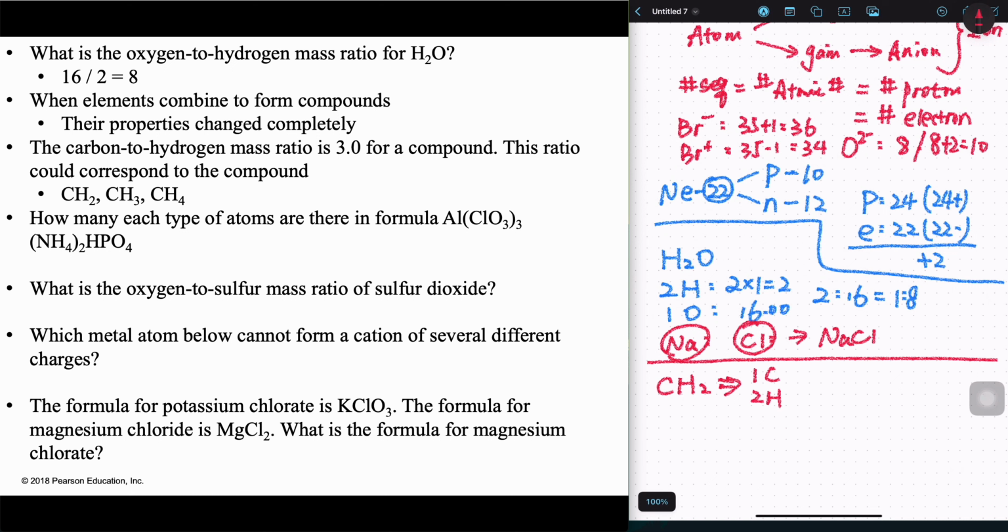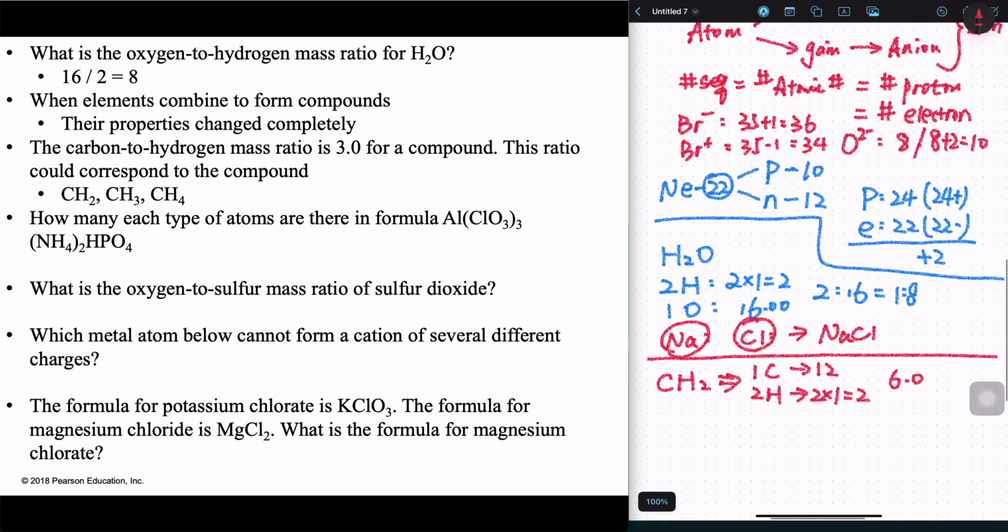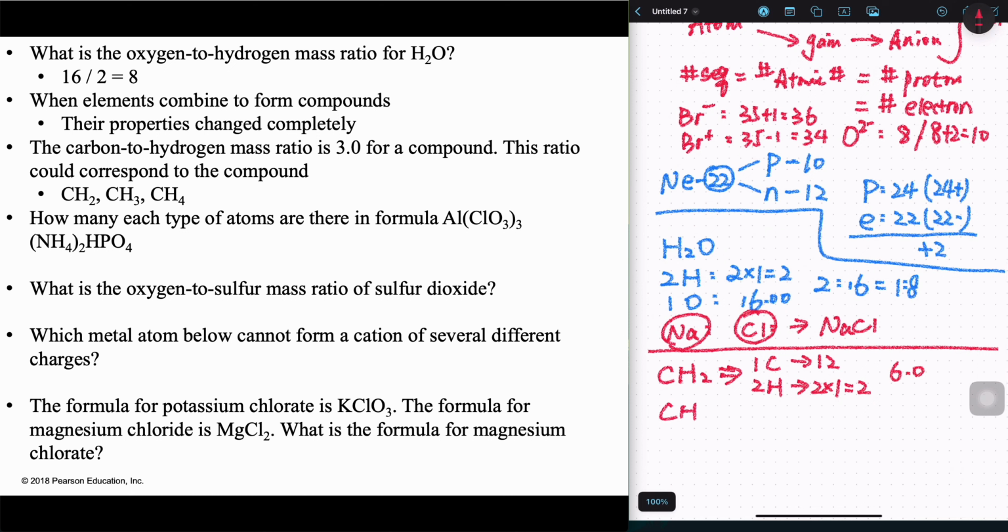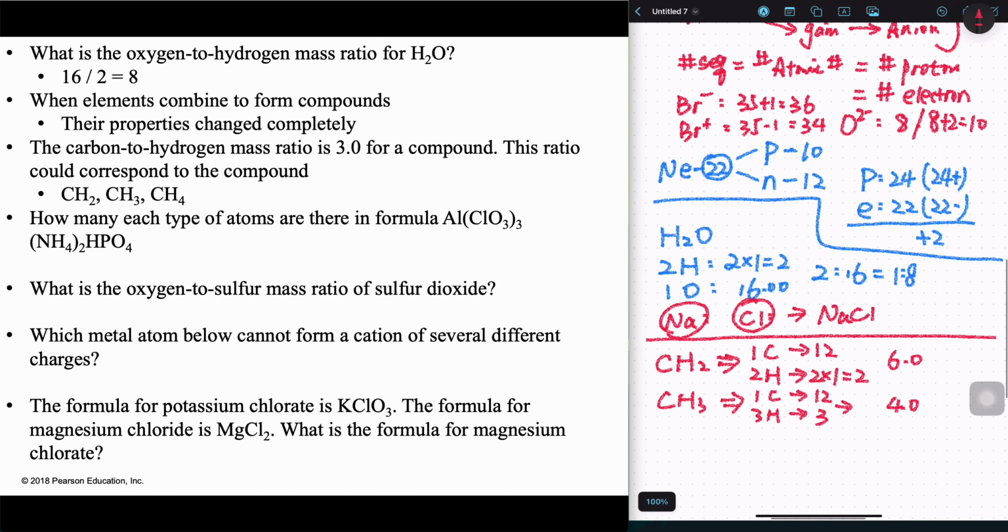The mass for 1 carbon is 12, which we can read from the periodic table, and the mass of the 2 hydrogen is 2 times 1, which gives you 2. So their mass ratio is 6.0. For CH3, applying the same calculation, 1 carbon and 3 hydrogen, which is 12 over 3, gives us 4.0. Therefore, we can rule out CH2 and CH3.